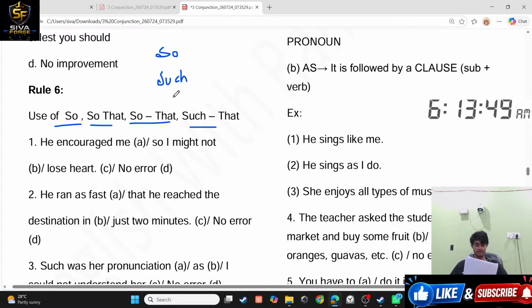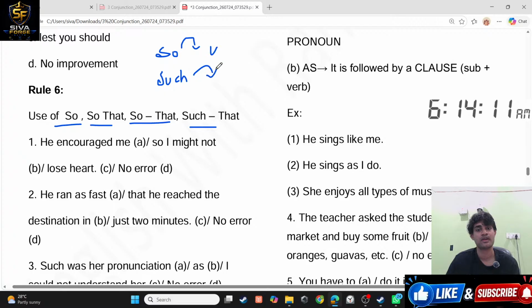So is an adverb. Okay, this is very important. Now I am getting some points. So is an adverb, such is an adjective. Here so is followed by a verb.